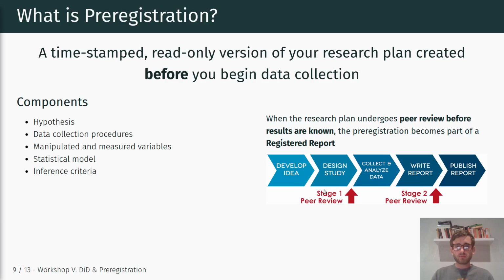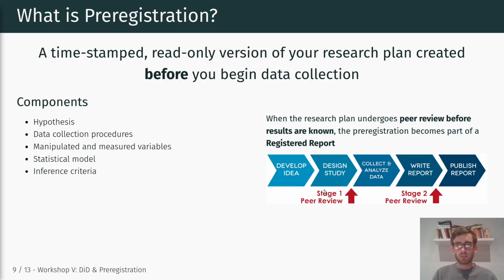The underlying idea is that the research plan ultimately undergoes peer review before the data is collected, before the results are known, and so you submit basically the pre-registration to a journal.